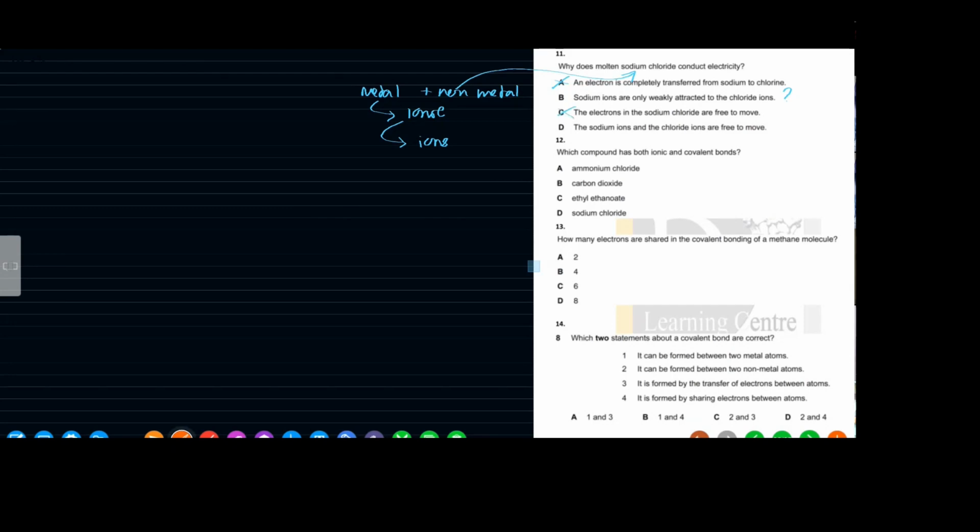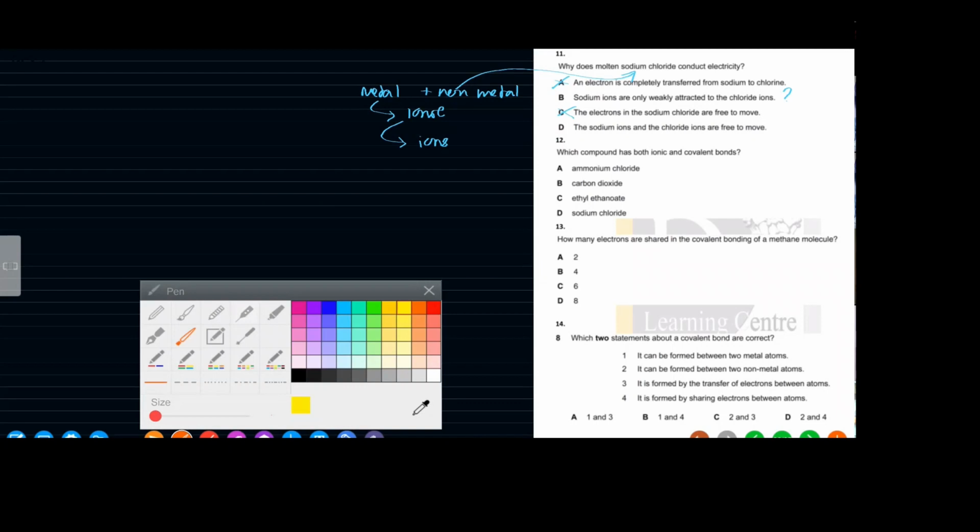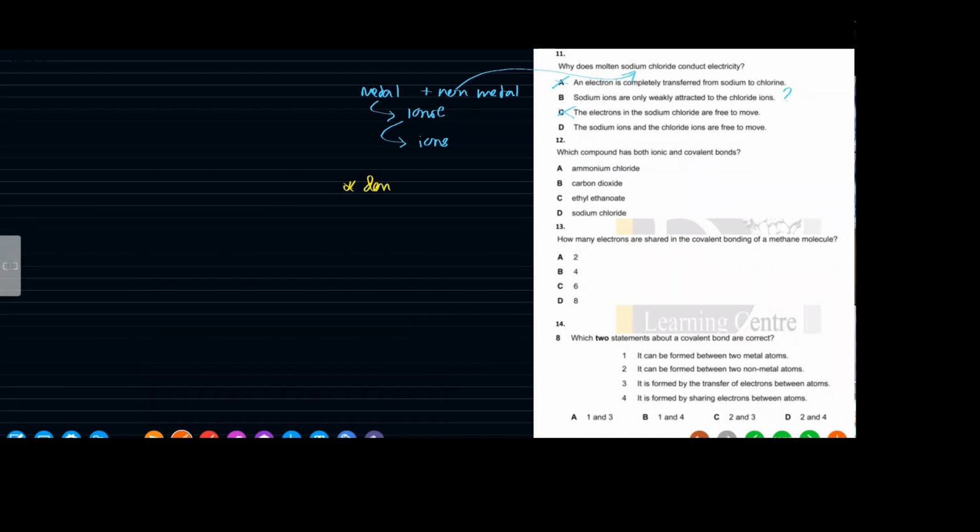So here are the golden rules, right? Here are the golden rules. Don't refer to electrons in ionic compounds when you are explaining electric conductivity. Don't go to that.